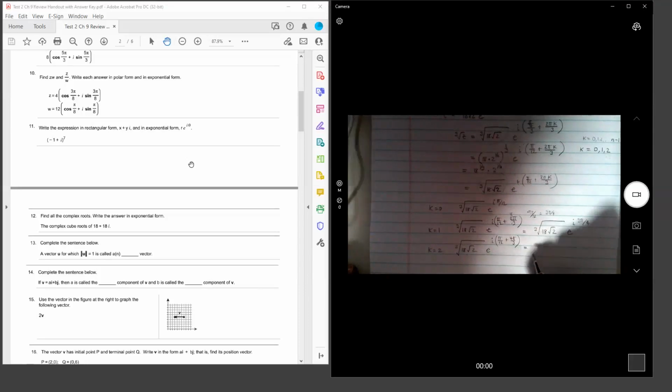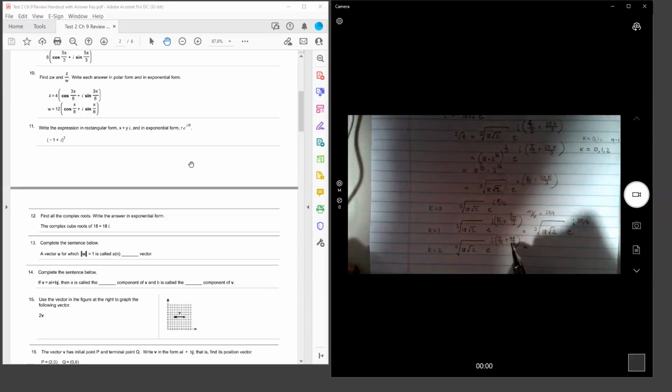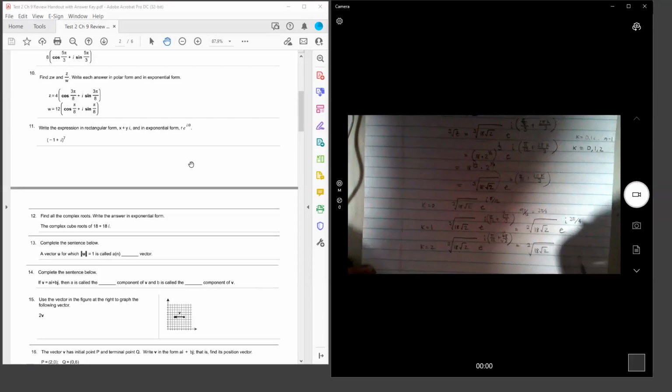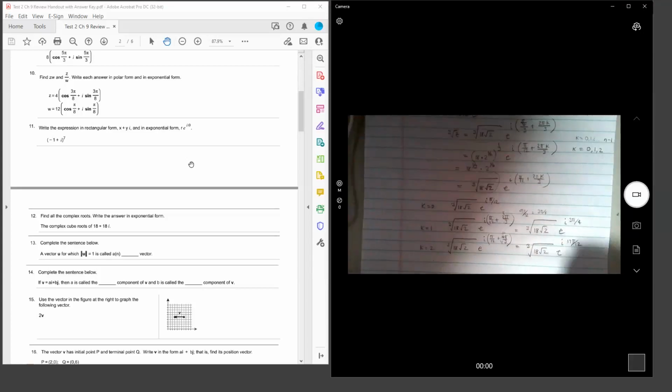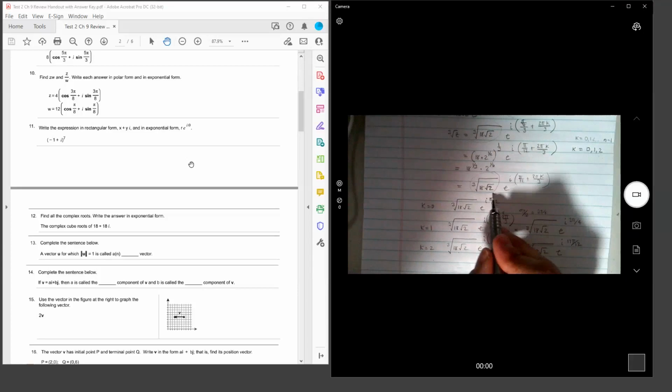Times 4 again, this will be 16, that will be 17 over 12. We can't really do anything with that. So we have the cube root of 18 times the square root of 2 e to the i 17 pi over 12. And so there it is. I'm just going to circle them.